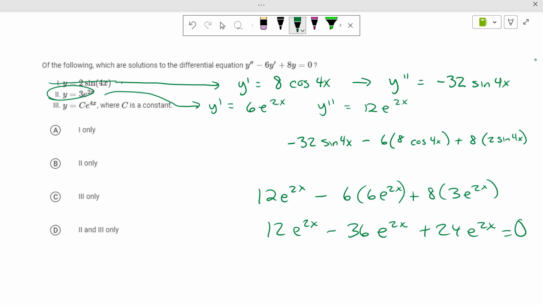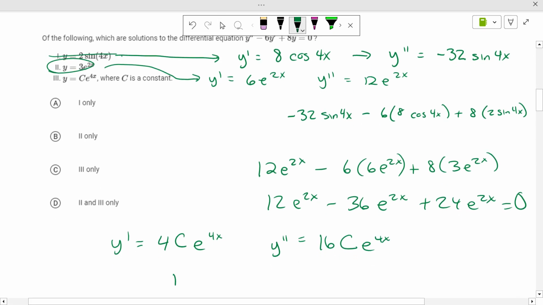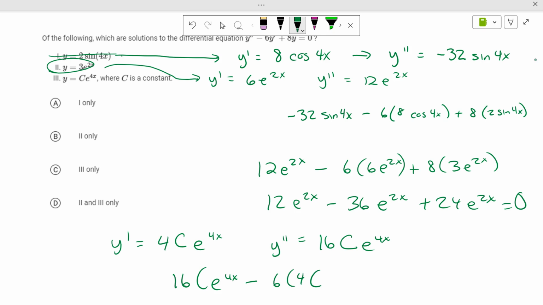Let's find the last one. So if y equals ce to the 4x, what is y prime for that one? 4ce to the 4x. What is y double prime for that? 16ce to the 4x. So, is 16ce to the 4x minus 6 times 4ce to the 4x.